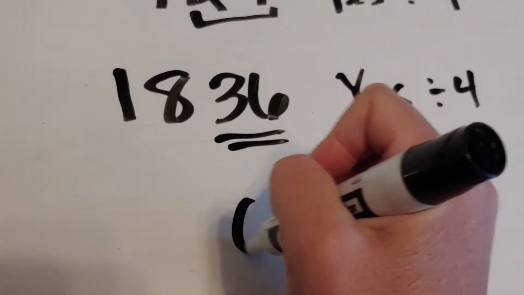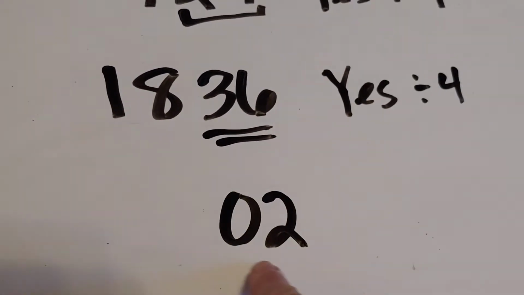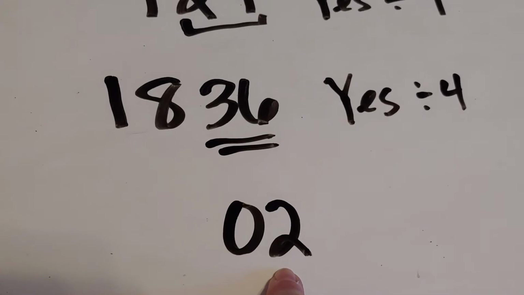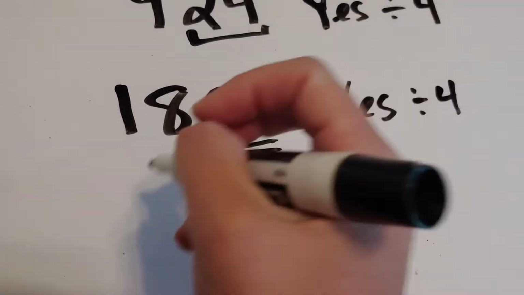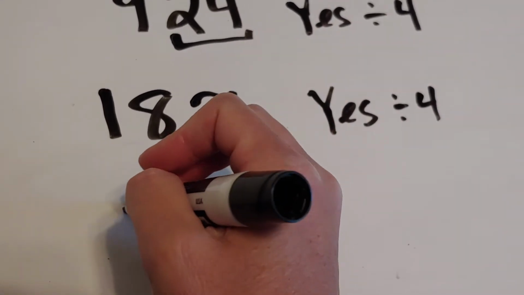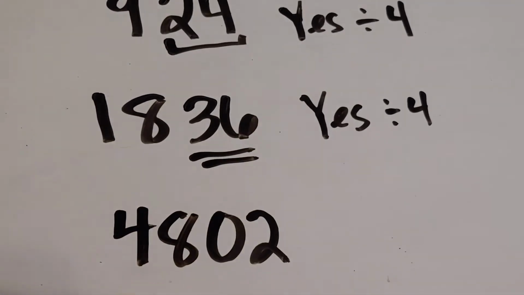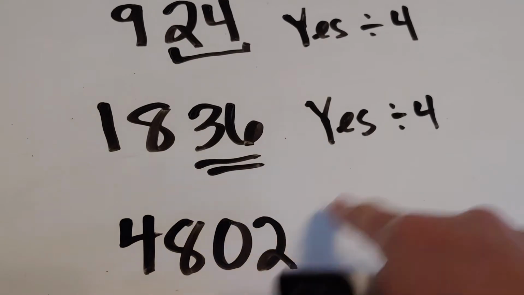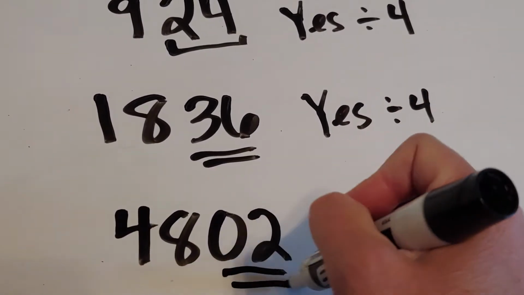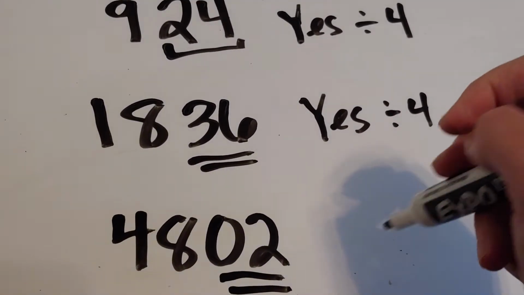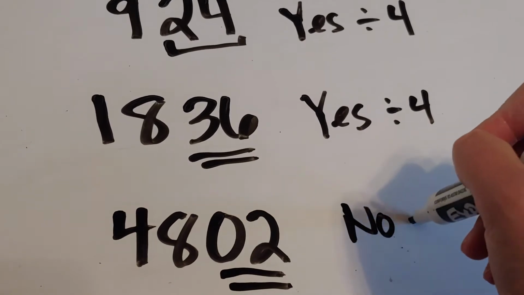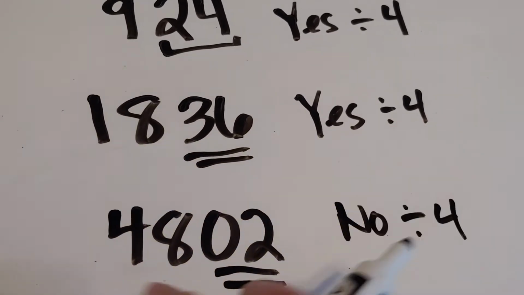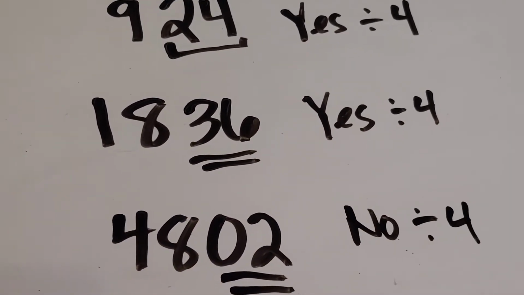Now, if the last two digits were like the number 2, 4 doesn't divide 2. 2 is not a multiple of 4. So even though this number I just made up might look like it's divisible by 4, if those last two digits are not divisible by 4, then the whole number isn't divisible by 4.